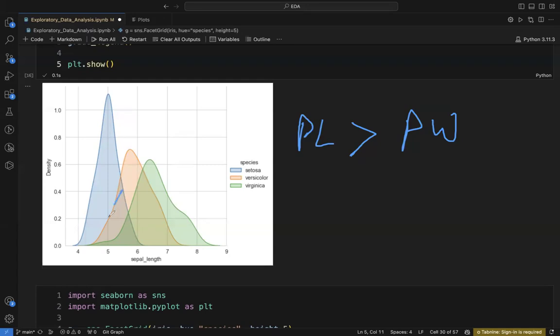This much overlap is there. Fine. And there is also this much overlap between virginica and versicolor. Virginica and versicolor have this much overlap.